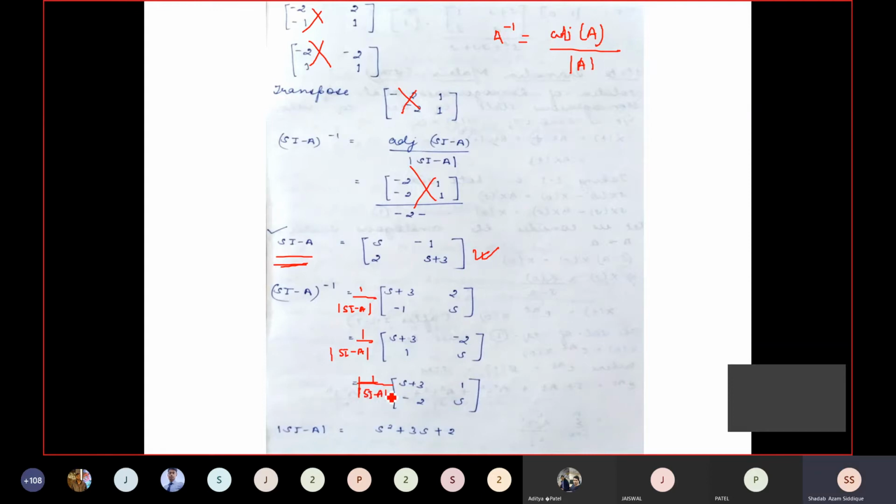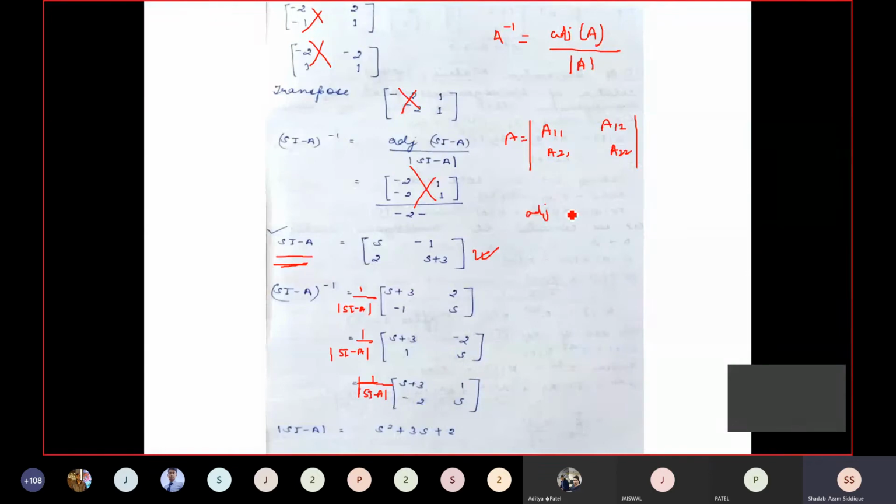Okay, so adjoint is nothing but, for the 2 cross 2 matrix it is easy to take. If we have A11, for 2 cross 2, A12, again we have A21 and A22. So how can we find the adjoint? Adjoint of A matrix will be adjoint of A. This is A basically, which is given here.